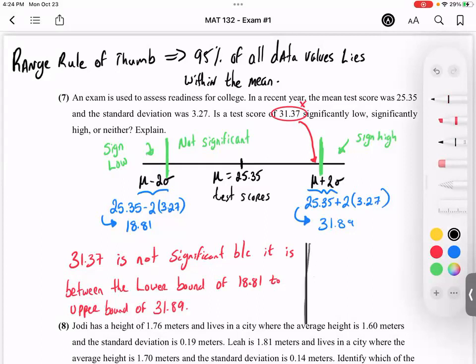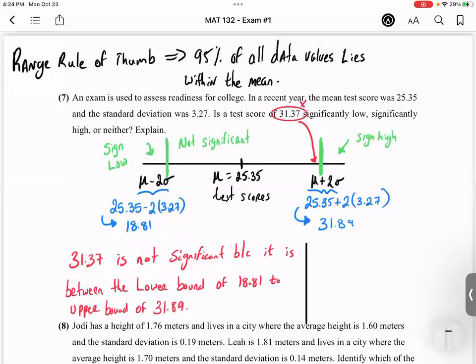All right. Let's say I chose another X value. Let's say this time we let X, I'll call it X2, equal, I don't know, let's make it 17.76. Do you think 17.76 is going to be significantly low, not significant, or significantly high?